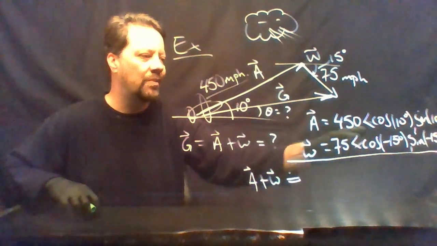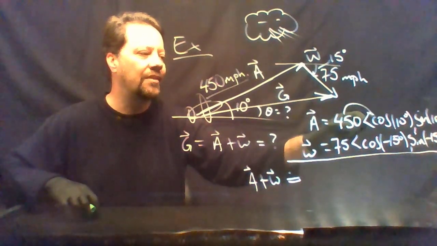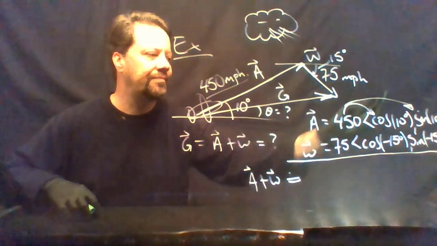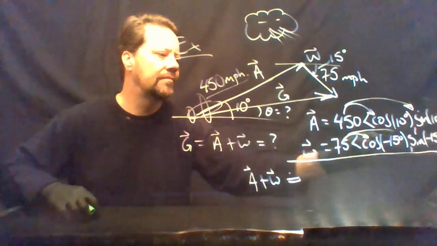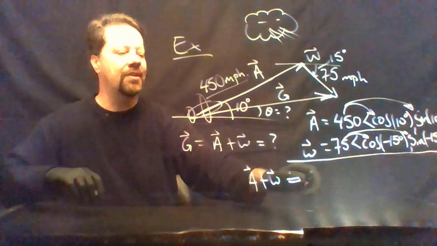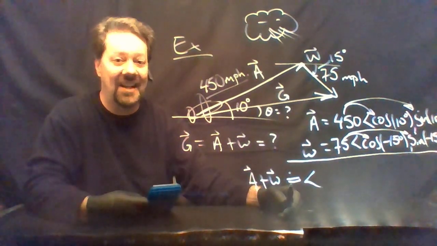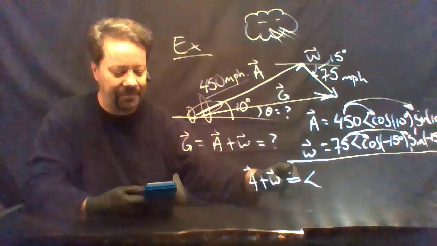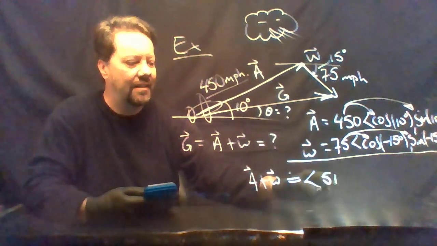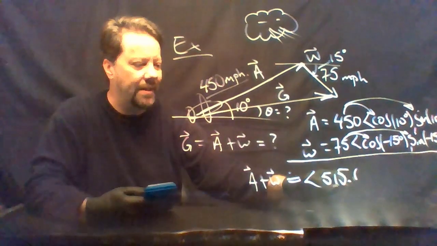What we'll do is we'll multiply this scalar onto each of these coordinates. Crunch those numbers on our calculator, add them up, and see what we get. Now, according to my calculator, we get 515.6.